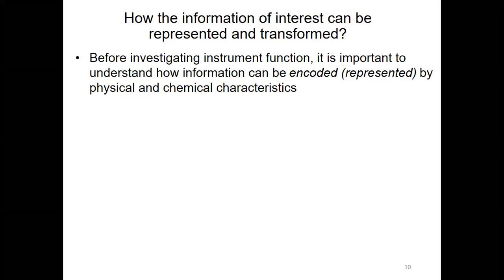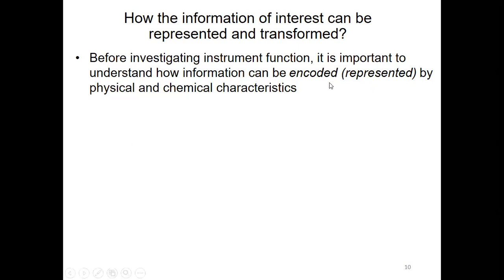Because the analyte has some physical or chemical characteristic, and then we just get a number or graph at the end. So what is the way this information is transferred? Therefore, before we understand how the instrument functions, we have to have an idea about how this information can be encoded or represented by the physical and chemical characteristics.